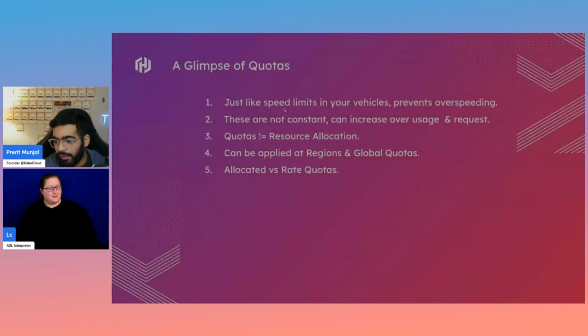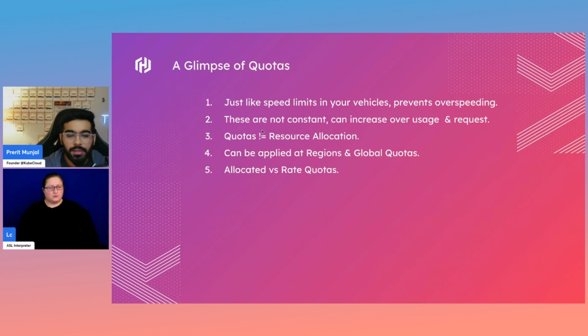The next thing is quotas are not equal to resource allocation. I will show you in a moment how quotas look, but quotas are just the higher limit, and they never guarantee that you will be granted resources. Resource availability is a different thing.